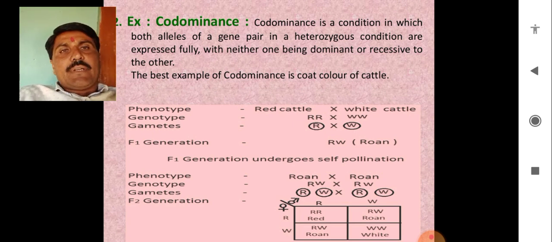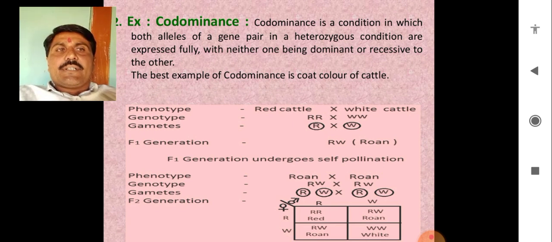But what will happen in the F1 generation, when R and W are combined in cell division? The characters show something different in the F1 generation, that is the roan one.